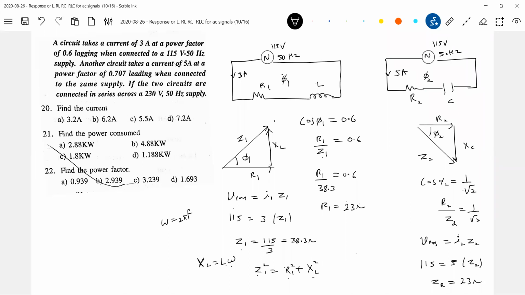Fine. Similarly, on this side we know the R2 value.